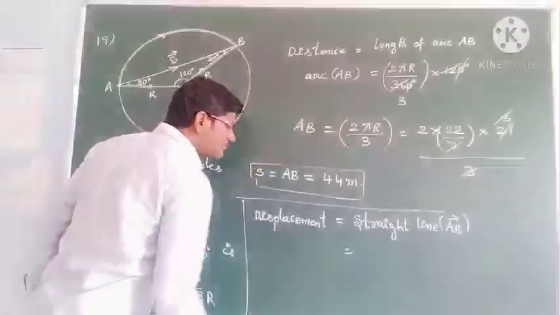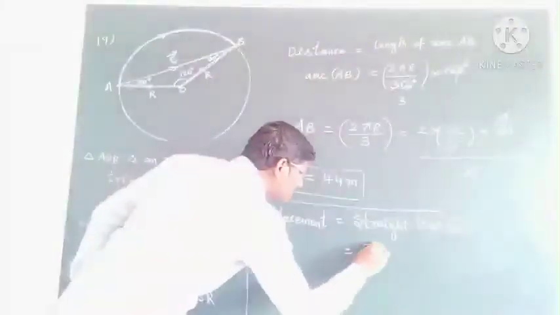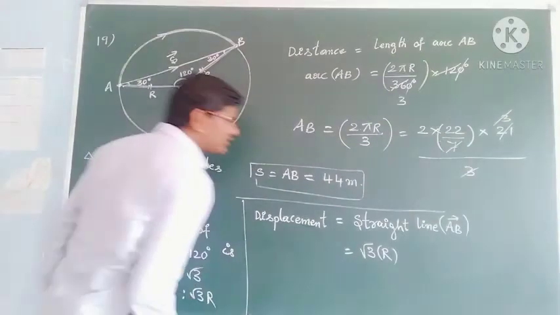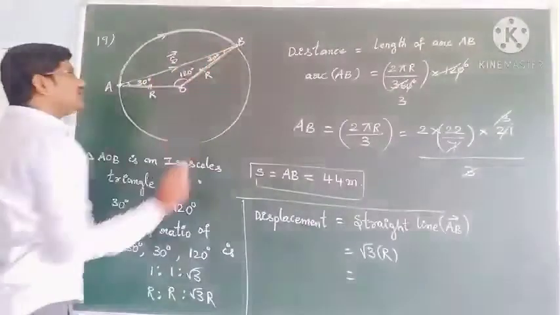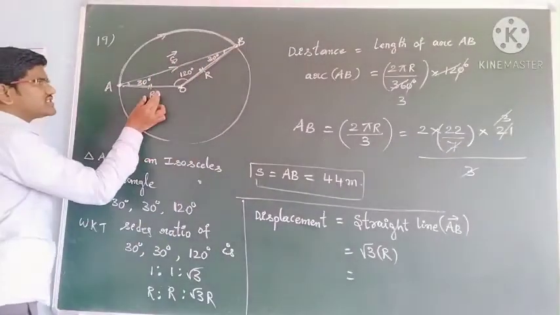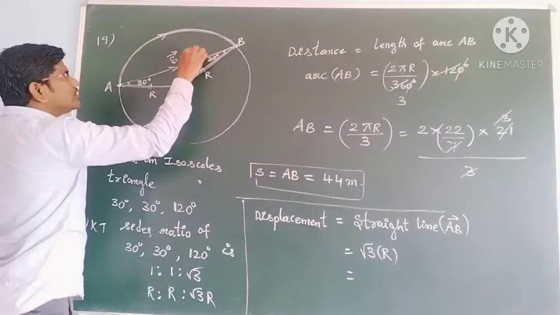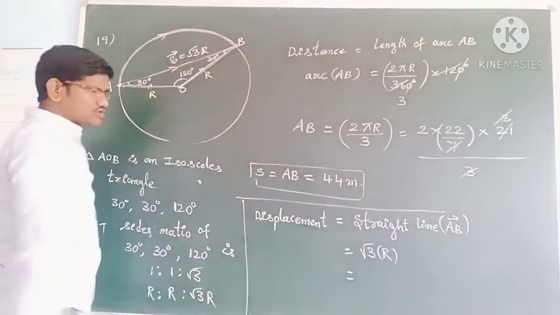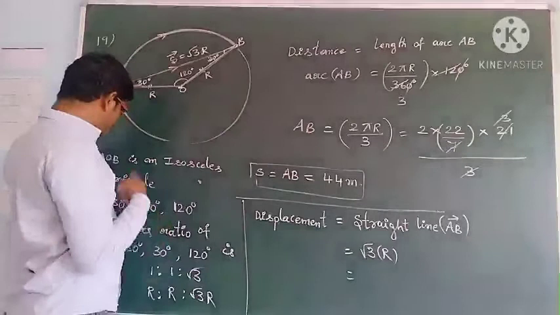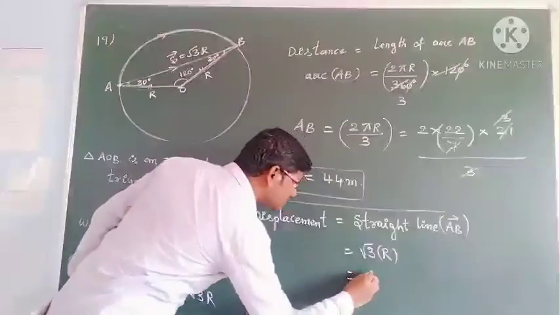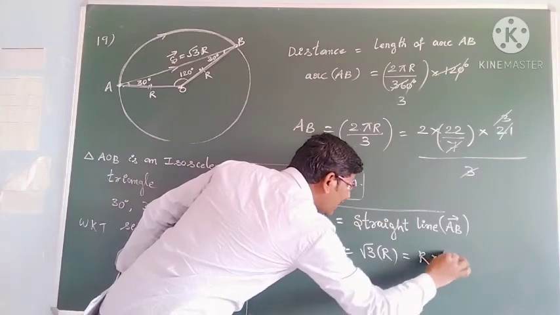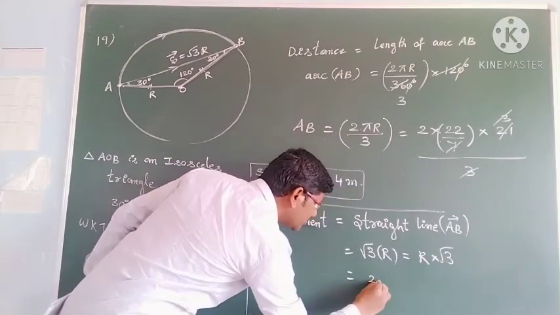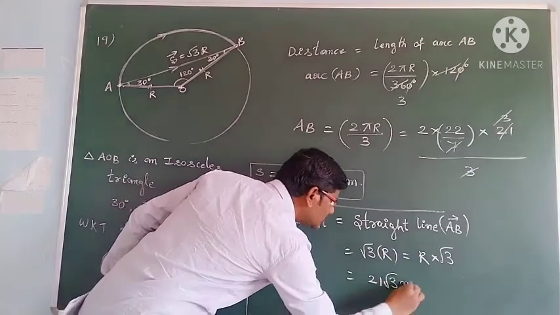So that is equal to root 3 into R. Okay students, because this is the longest side, it will be root 3 into R. R is given as 21 meters. So displacement is equal to R into root 3, which gives 21 root 3 meters. That is the answer.